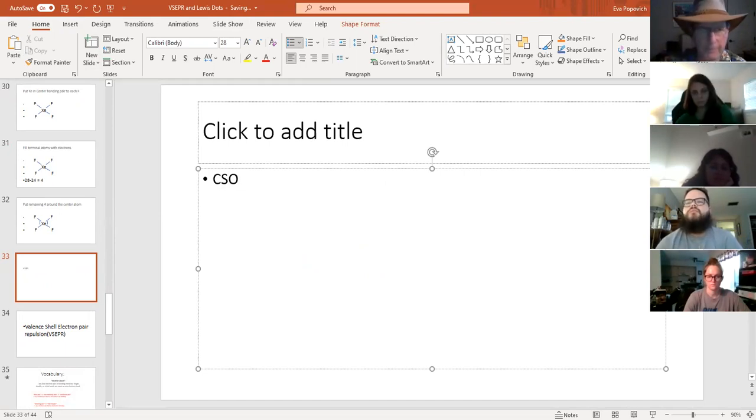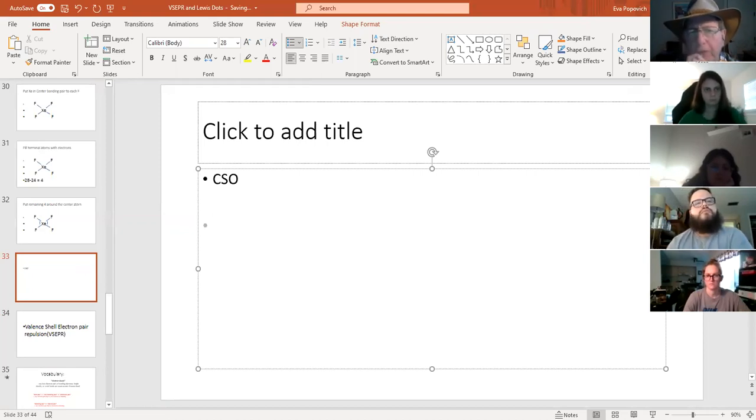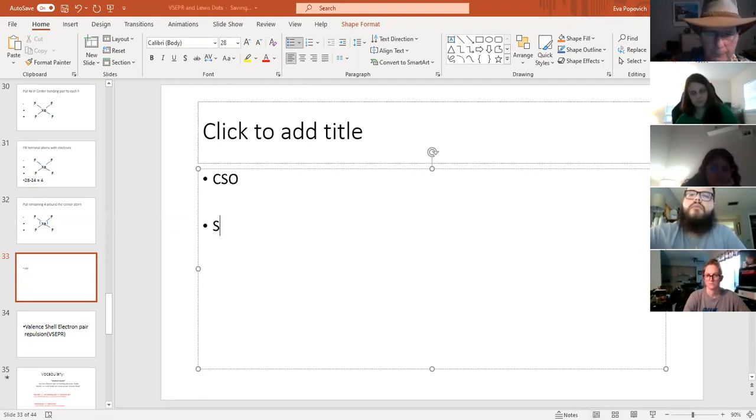All right. How many different ways can I make this molecule? How many different ways can I put the C, S, and O together? Can I put it in 3 different ways? Tell me what they are. The S in the middle, the C in the middle, or the O in the middle? Okay. Absolutely.